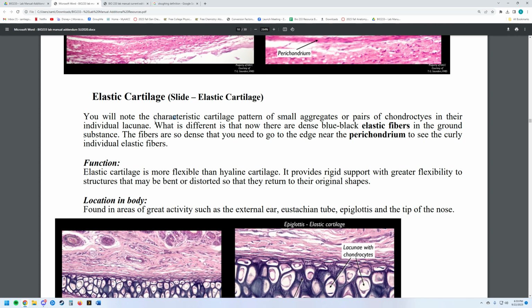Elastic cartilage. You will note the characteristic cartilage patterns of small aggregates or pairs of chondrocytes in their individual lacunae. What is different is that now there are dense blue-black elastic fibers in the ground substance.